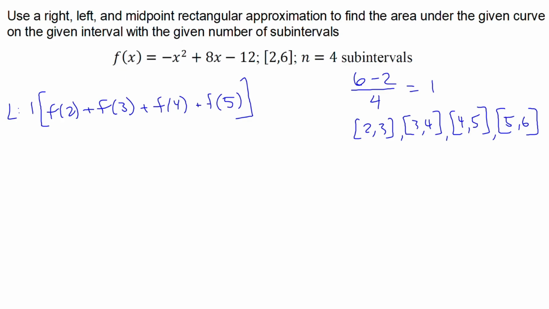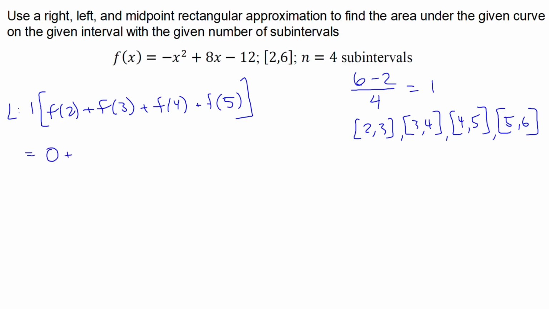And so that's going to end up giving us, let's see here, the 1, of course, is insignificant. f of 2 is going to be negative 2 squared, so that's negative 4. And then negative 4 plus 16 minus 12 is 0, so f of 2 is actually 0.